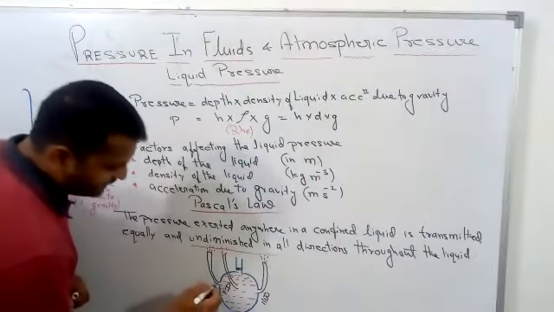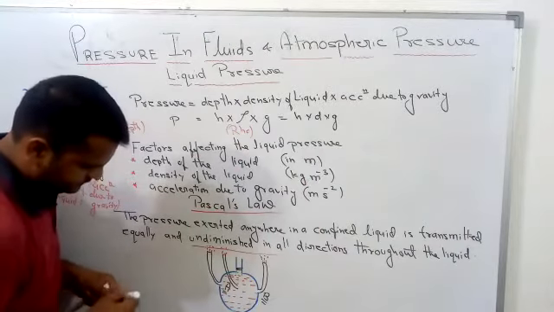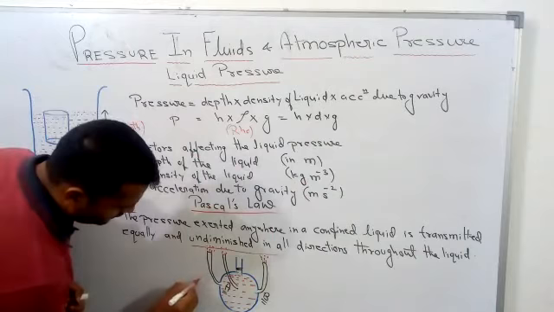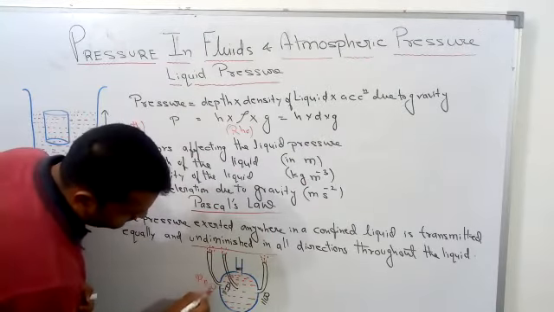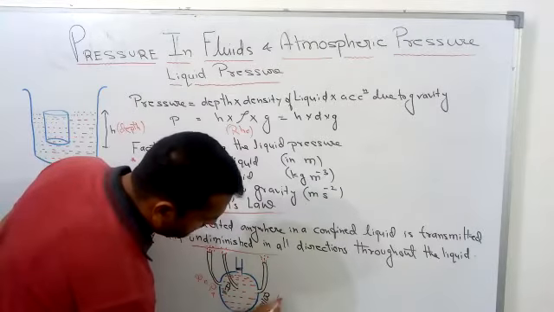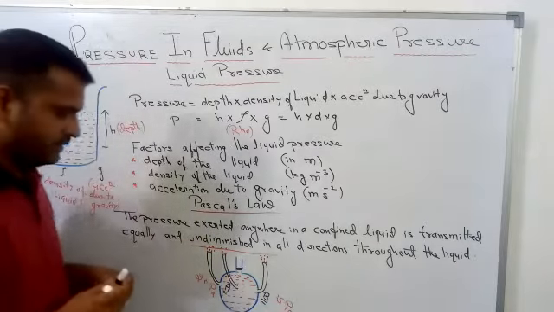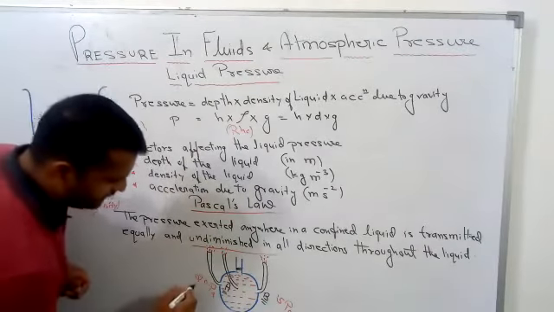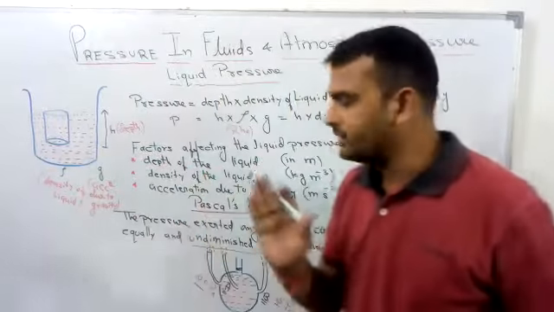Suppose we take the pressure at A as 20 Pascal and at B as 15 Pascal. So both have different pressures at different liquid columns at different places.